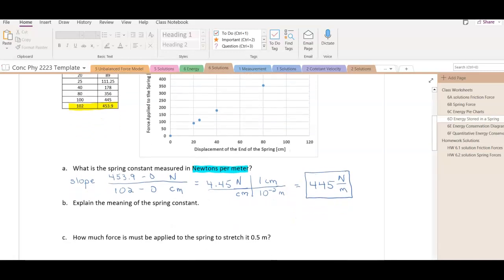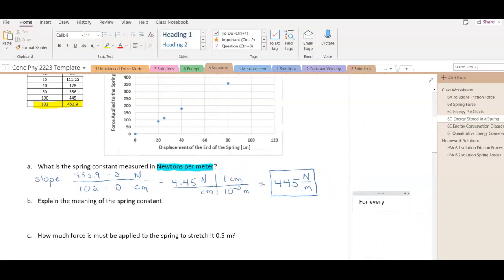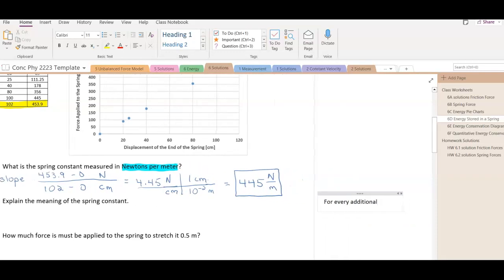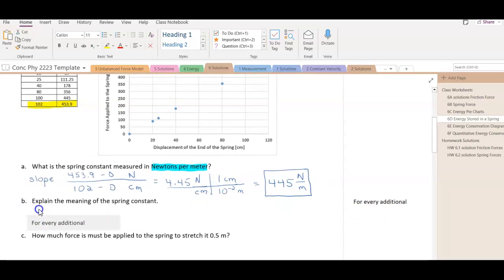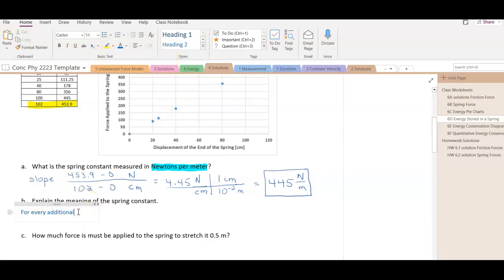Okay, what does this spring constant mean? Since it's a slope, I'm going to explain it the same way that I do for slopes. So I'm going to start with, for every additional 1 unit of the independent variable.